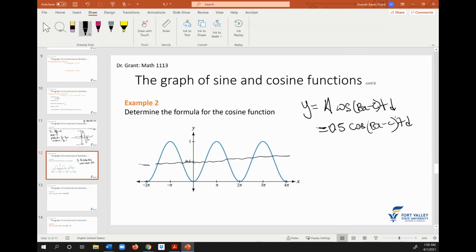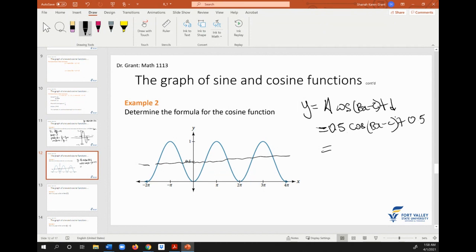Okay, d is my midline. I can also put that in, because my midline is at 0.5, so I'll put that in as well. Okay. All right, so bx minus c, b divided by c.